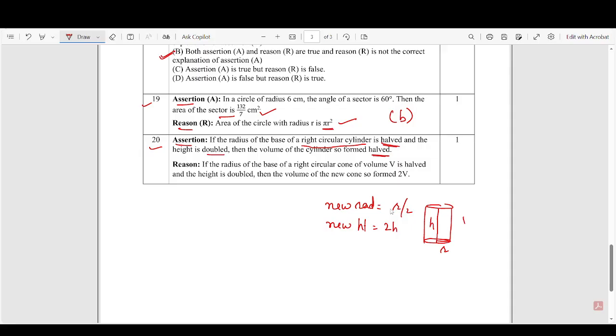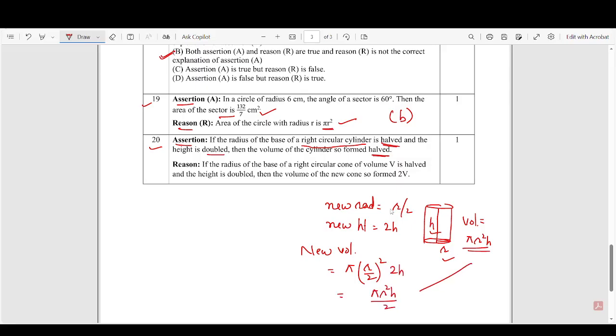So if we find the volume of this cylinder with radius r and height h, we know the volume formula is pi r square h. Here, for the new volume, again we have the formula pi r square, where r is r upon 2 whole square and h is 2 into h. If we simplify, we get pi r square h divided by 2.